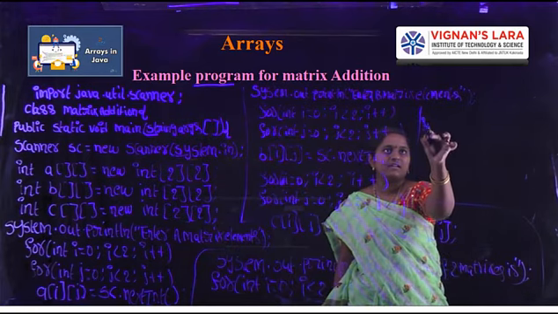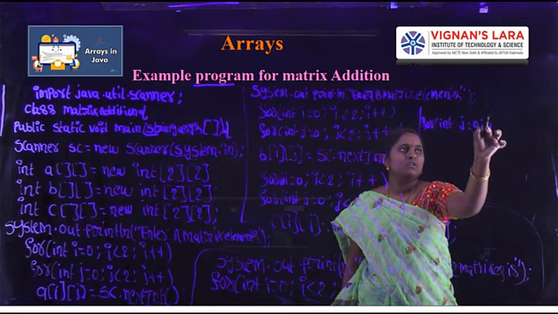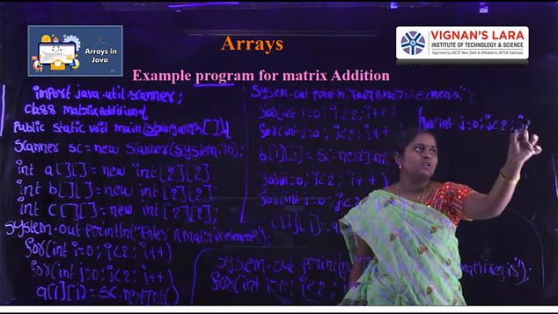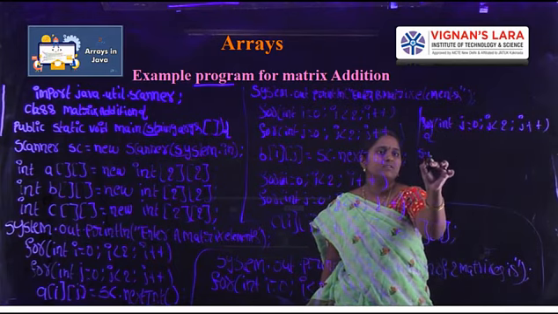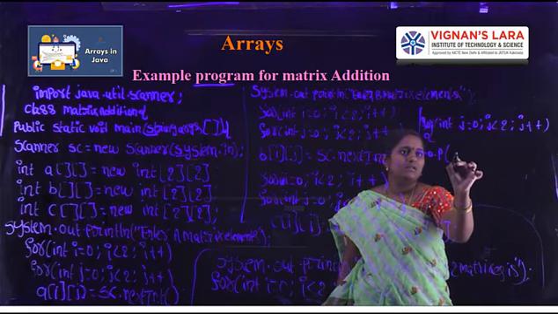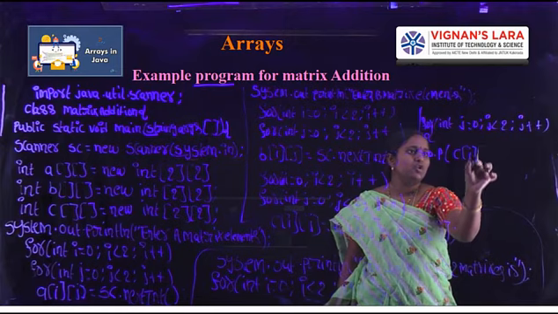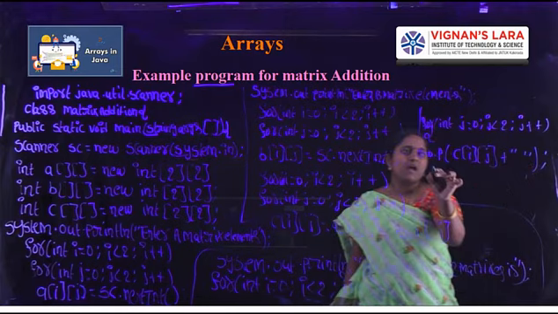Next one, for int j equal to 0, j less than 2, j plus plus. Within this for loop body, here System.out.print, simply I am writing SOP, we have to print c of ij. We have to close the for loop.